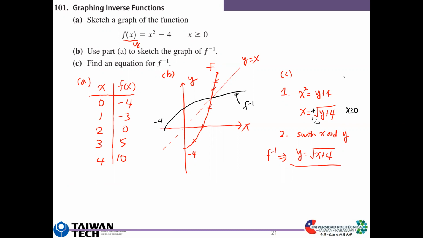That's why we only keep the positive root. Then we switch x and y, and we get the inverse function of f of x. That's how we find the inverse function graphically and mathematically. So we have finished the review of chapter 2.